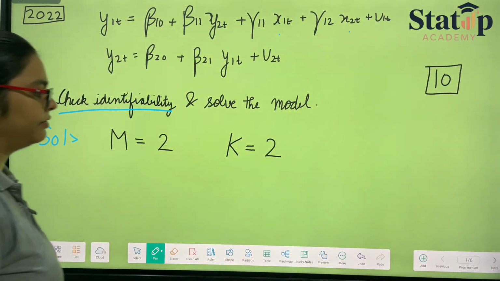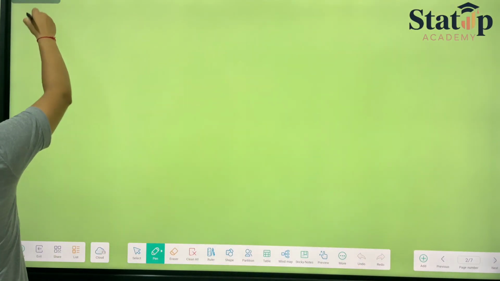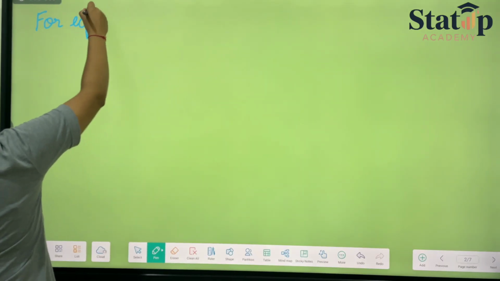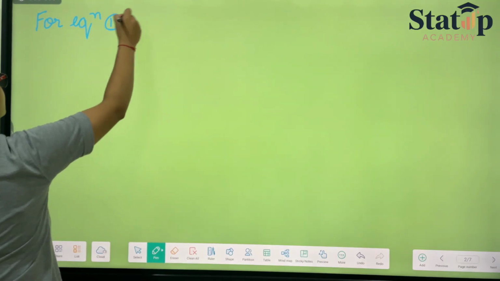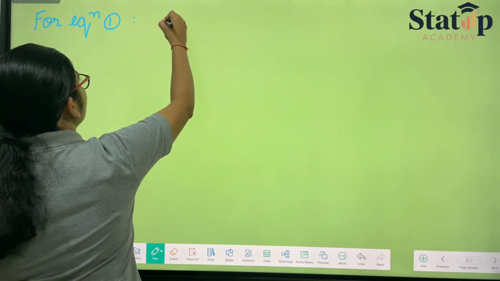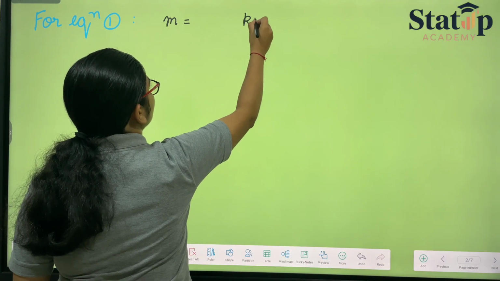Now for identifiability, firstly we will move on to equation number 1. Now what does our equation have? First we will say that small m equals and small k equals.